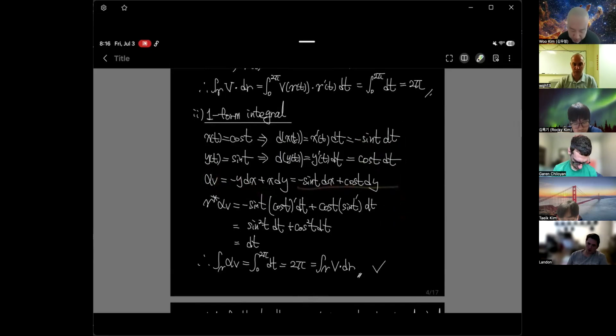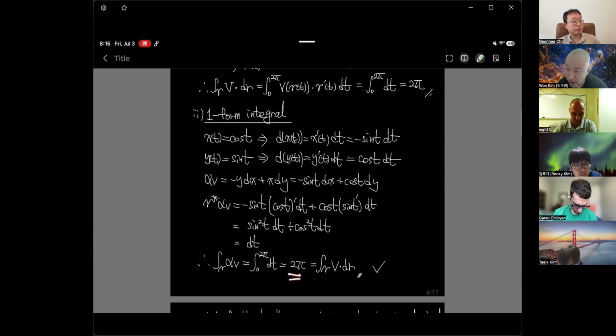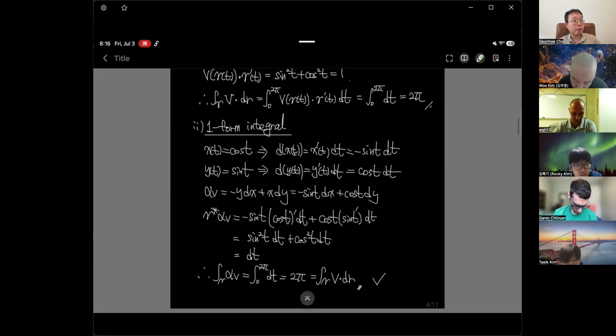We have this one, and then gamma star alpha sub V, and we do the computation. This integral of the one-form is also the integral from 0 to 2 pi of dt, which means just 2 pi. As above, we have the value of 2 pi in the line integral, and in this one-form integral, we have the same value.